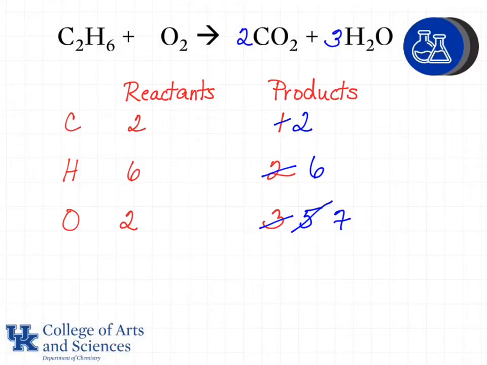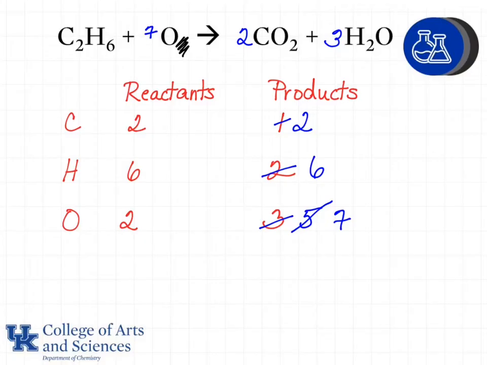What we're going to do for a moment is pretend that that 2 is not there on the subscript. What number would I need to put in front of oxygen in order to get 7 oxygens on the left side of the equation? 7. If I put a 7 in front of oxygen, assuming there's no subscript with it, then I would have 7 oxygen atoms.